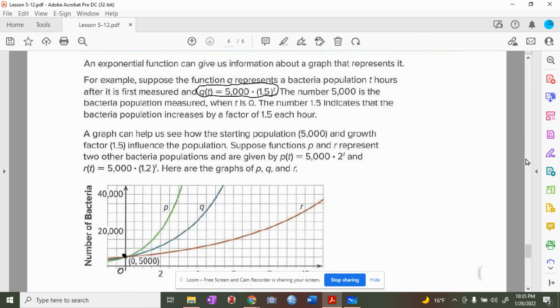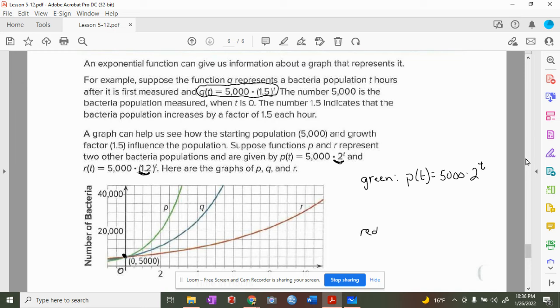If I have two additional functions, how does that growth factor of 2 and that growth factor of 1.2 compare to our original of 1.5? So the green curve, that's the P of t equals 5,000 times 2 to the power of t.